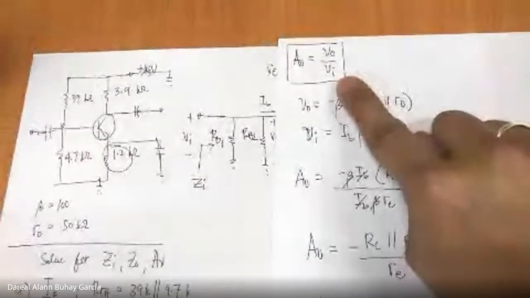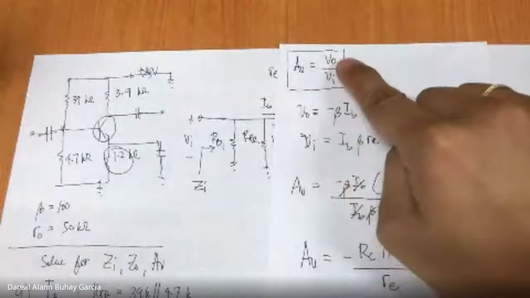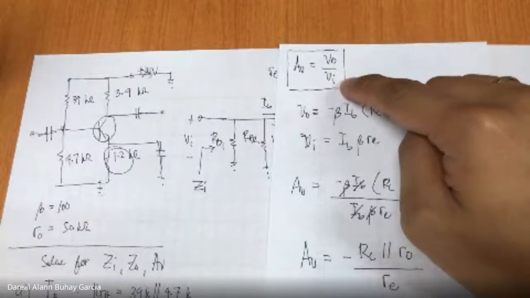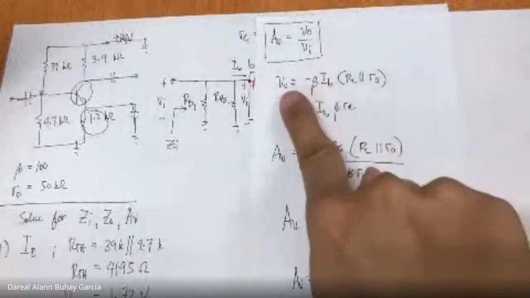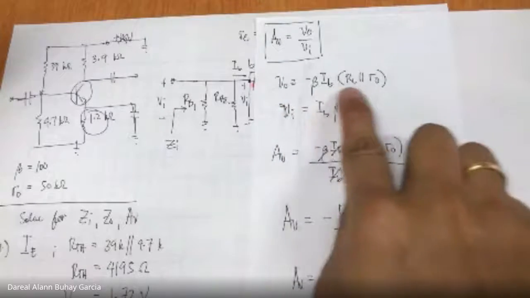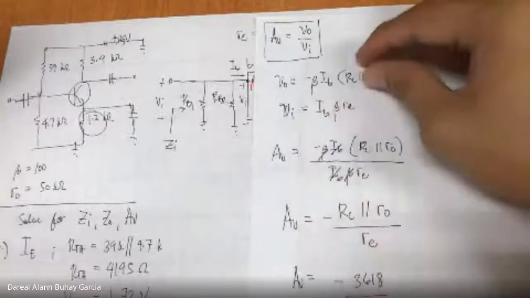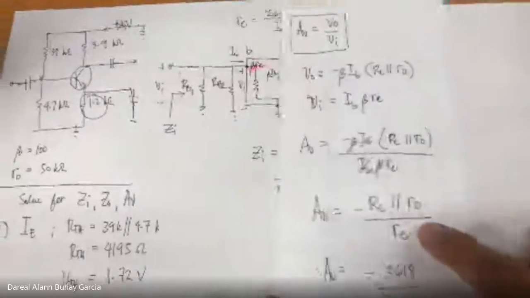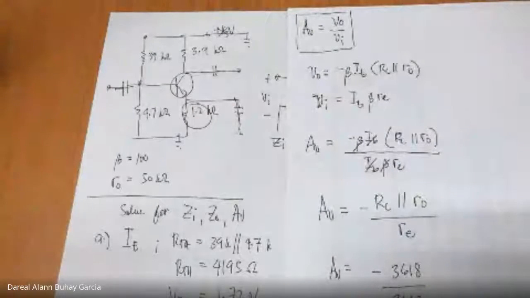Kani, definition, this is the voltage gain by definition, no? Voltage gain is equal to voltage output over voltage input. So, applicable din sa tanan. Pero sa kaning nga circuit, makuha nato ang VO ug VI. No? So, divide natin na siya kung voltage gain. So, specific lang ni siya sa kaning configuration. Okay?